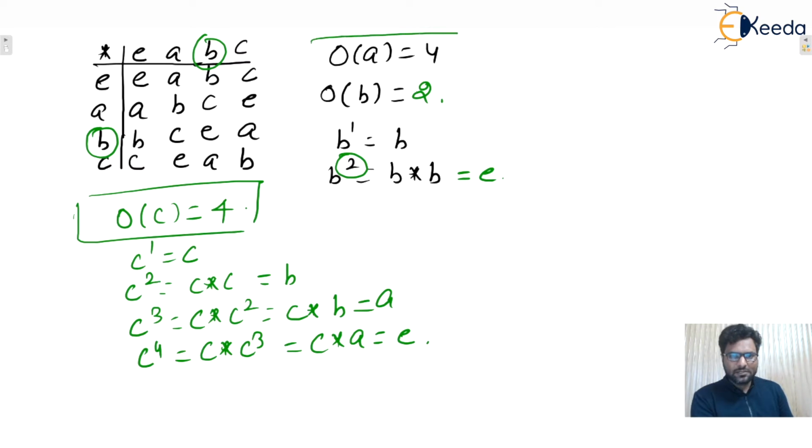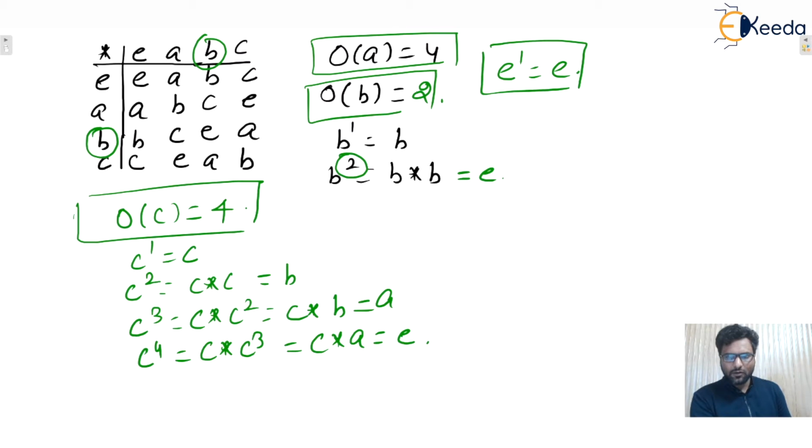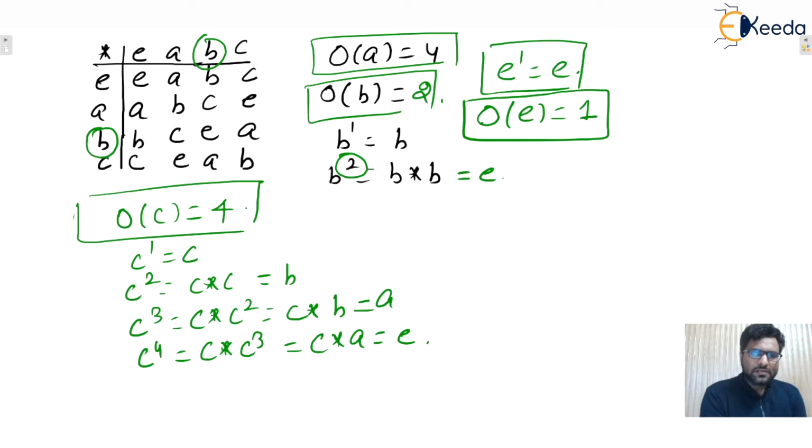Now you only tell me what is the order of the identity element. So remember, here also you can see E power 1 is E only. So we can say that the order of the identity element will always be equal to 1 only. Yes or no? Some student may ask, sir, why not? Because I already told you in the last lecture about the power of an element.